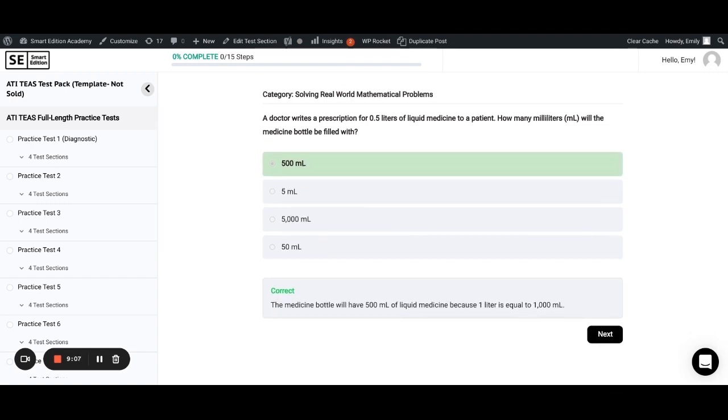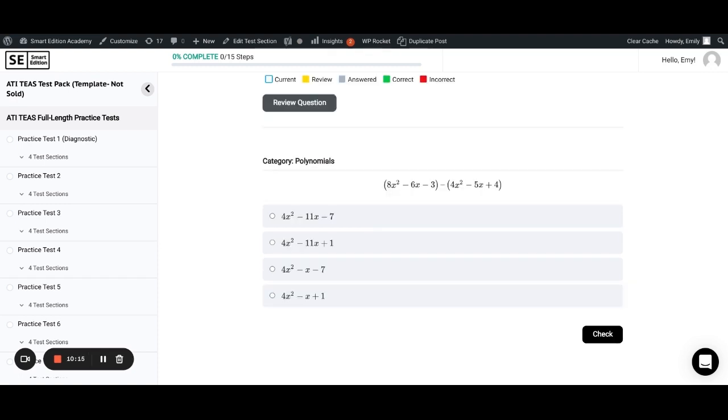The medicine bottle would have 500 milliliters of liquid medicine, because 1 liter is equal to 1,000 milliliters. And in this case, they're talking about just 0.5, which is half. So you would just take that 1,000 milliliters and divide it by 2 to get your answer. But if you don't know that there are 1,000 milliliters in 1 liter, this would be a very difficult question to solve. So again, know your conversions.